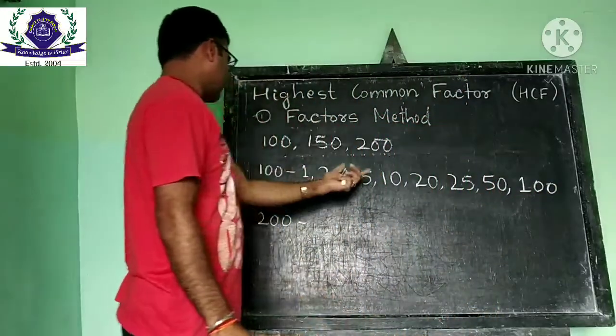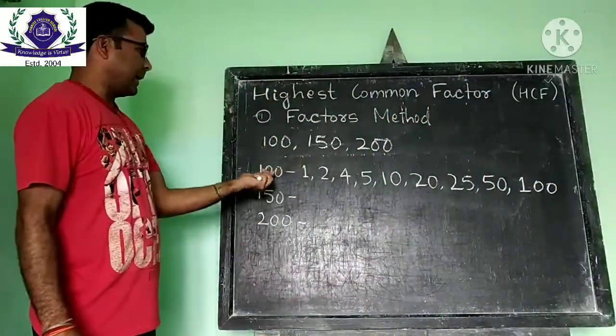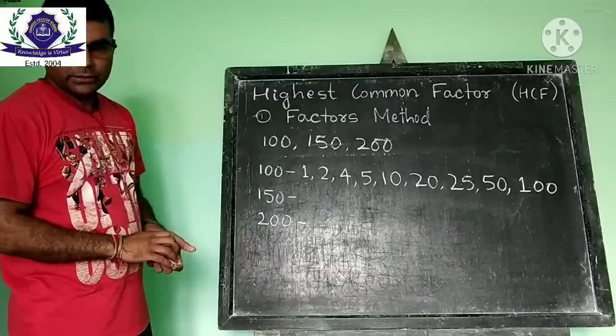So these are the factors of 100, which divide 100 exactly leaving no remainder.